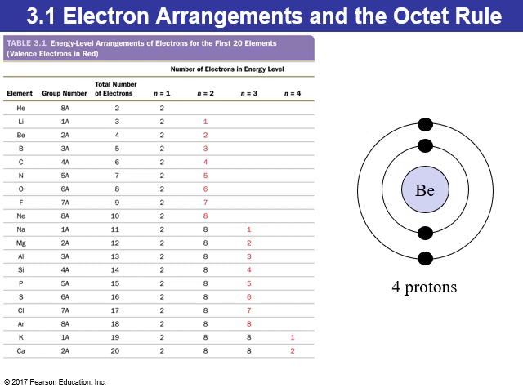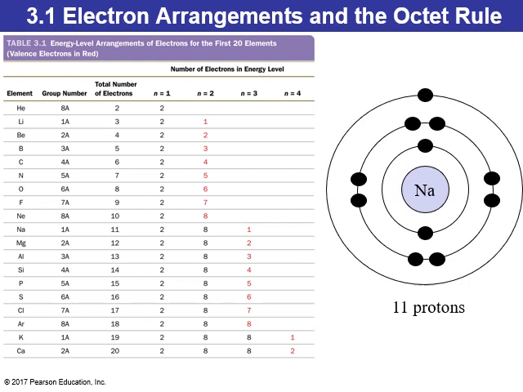We move on to beryllium on the periodic table of the elements. It brings another electron. That can stay in that second shell. We're still in that second row of the periodic table of the elements. Then we get boron, carbon, nitrogen, oxygen, fluorine, and neon. Now we're at a full shell.